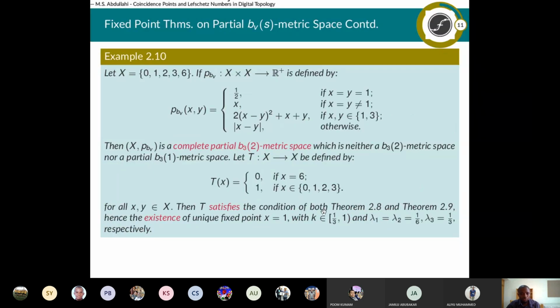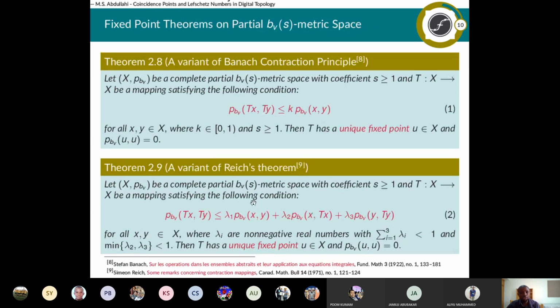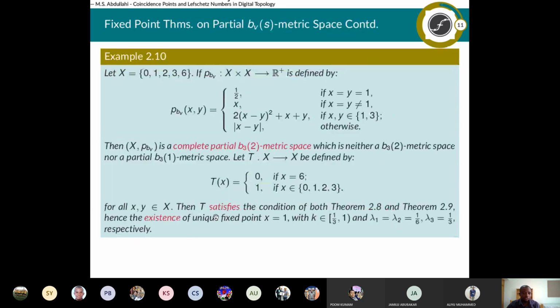Since it satisfies both 1 and 2, and all the other assumptions of the previous theorem are satisfied, by that theorem we know that we will definitely have the existence of a unique fixed point, and that fixed point happens to be the point x equals 1.